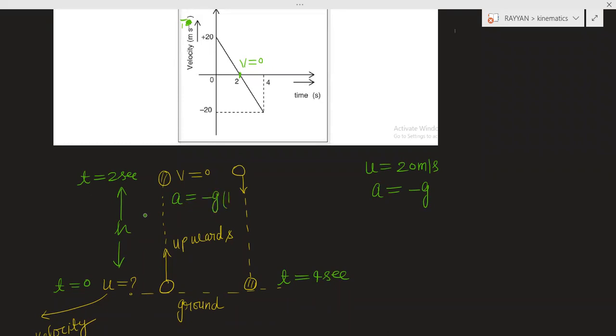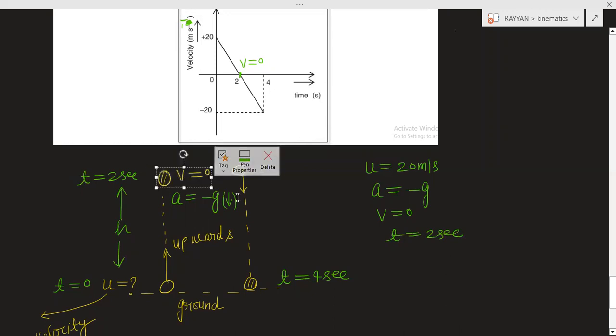Because g is always in the downward direction, and the velocity of projection will be upward. After that, the final velocity is equal to 0, and the time is 2 seconds, for the velocity becoming 0. Velocity becomes 0 always at the highest point.